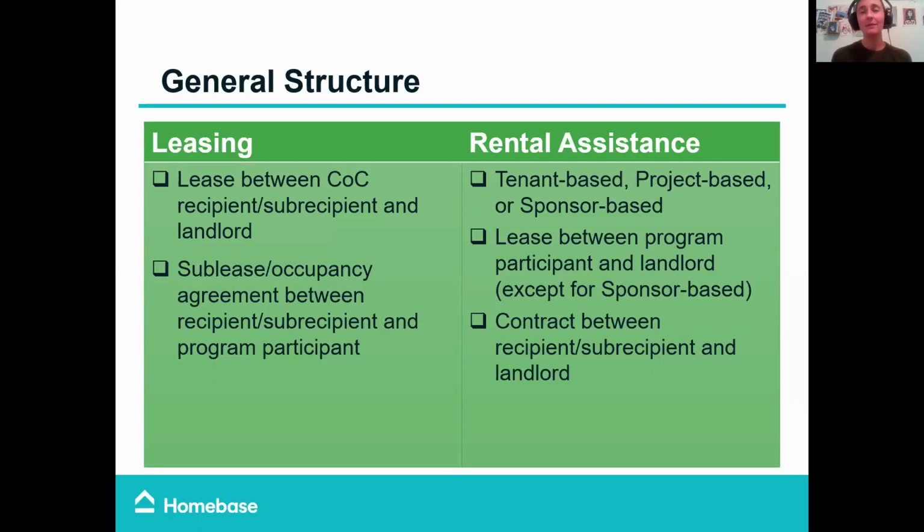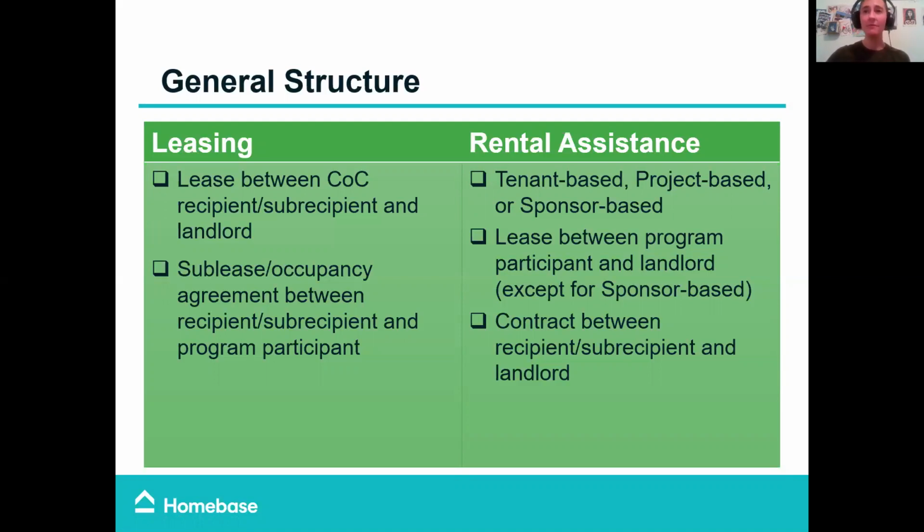Rental assistance varies a little more in structure. There are three types of rental assistance that are available in the CoC program: tenant-based rental assistance, project-based, and sponsor-based. I'm not going to talk about sponsor-based today because we don't currently, I believe, have any sponsor-based rental assistance in the Santa Clara CoC portfolio, but I'll talk a little bit about TBRA, tenant-based rental assistance, and project-based rental assistance.